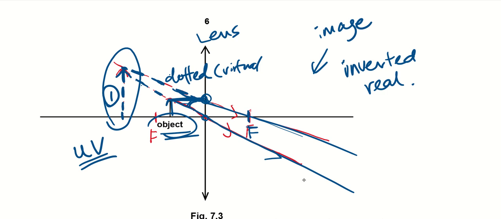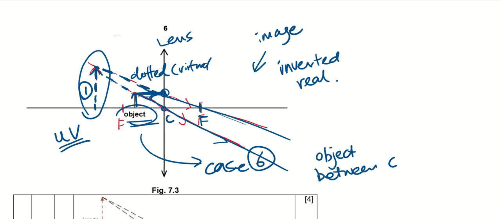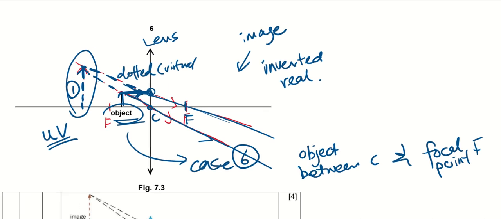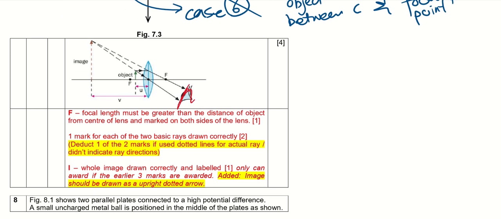This is actually case number 6, the last case, when the object is between the center of the lens and the focal point F. Okay, there are actually 6 cases. So maybe for your revision, go and replicate all these 6 cases.